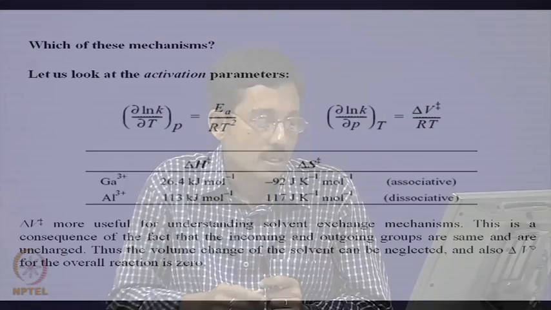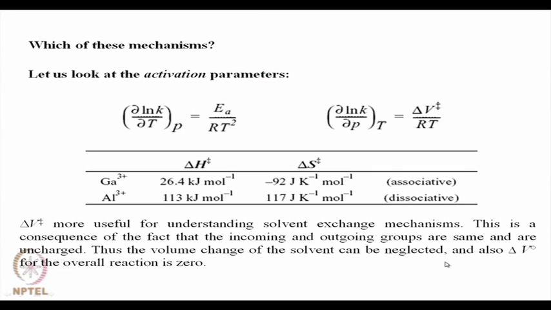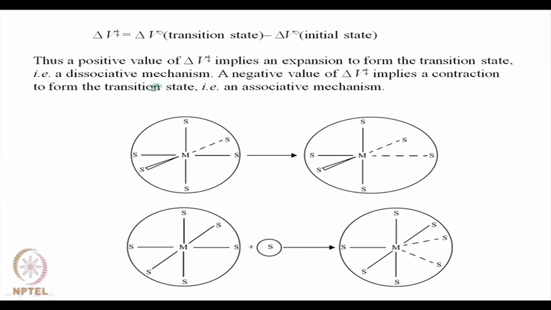So, it is neglected, and for the overall reaction delta V activation is close to 0. Now, volume of activation is delta V0 of the transition state minus delta V0 of the initial state. Thus, a positive value of delta V activation implies an expansion to form the transition state, that is a dissociative mechanism.